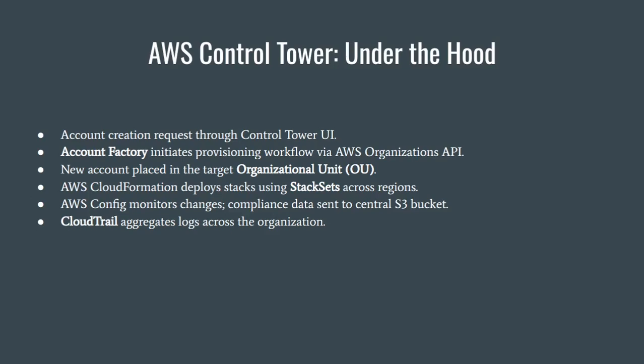Once the account is created, CloudFormation StackSets come into play, deploying essential resources like AWS Config, IAM roles, and more across multiple regions. AWS Config ensures that all resources are monitored and sends data to a centralized S3 bucket for auditing. Meanwhile, CloudTrail logs all activities for governance and security purposes.